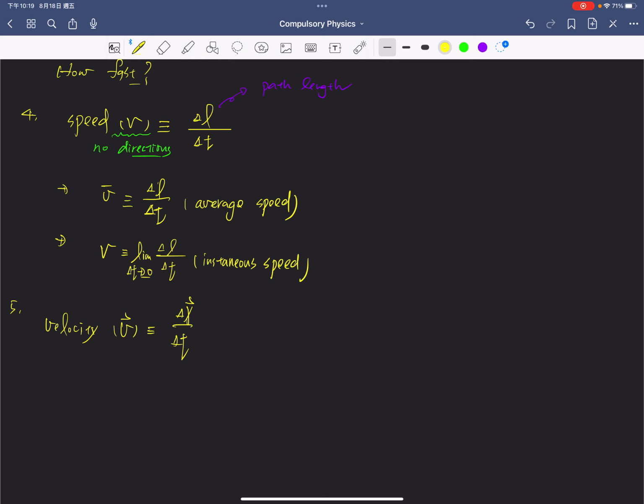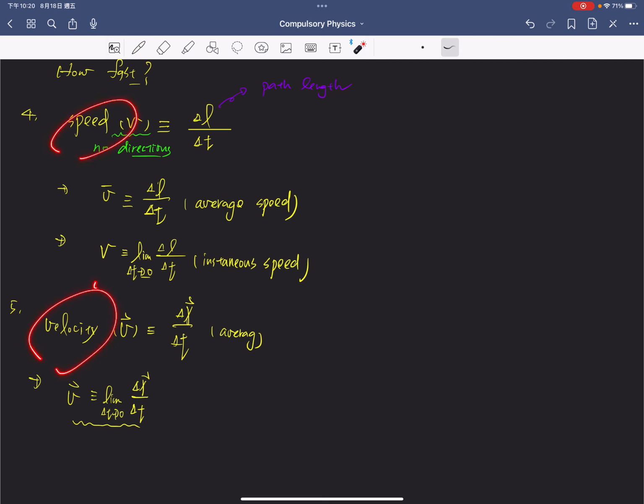This is what we call the average velocity, and also we will focus on the instantaneous velocity. So like this. Here is the speed, and here is the velocity.